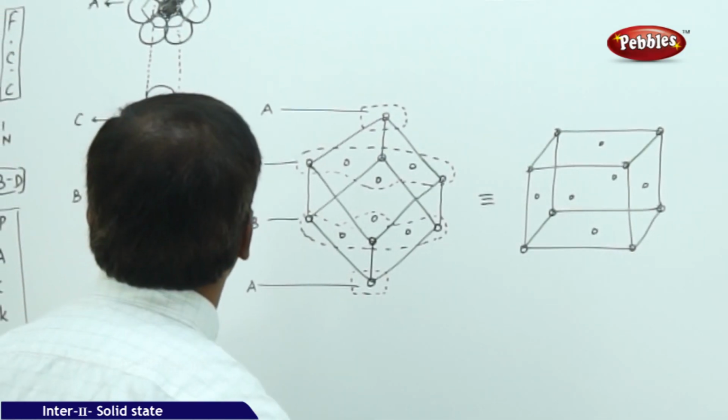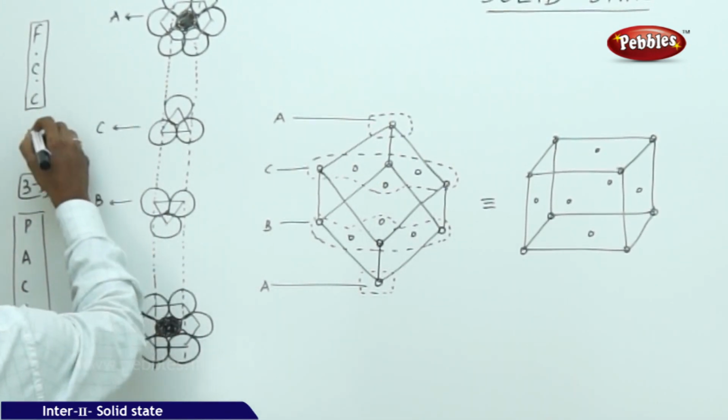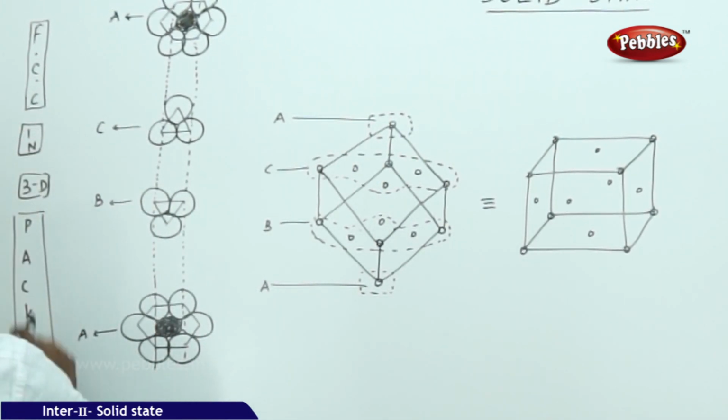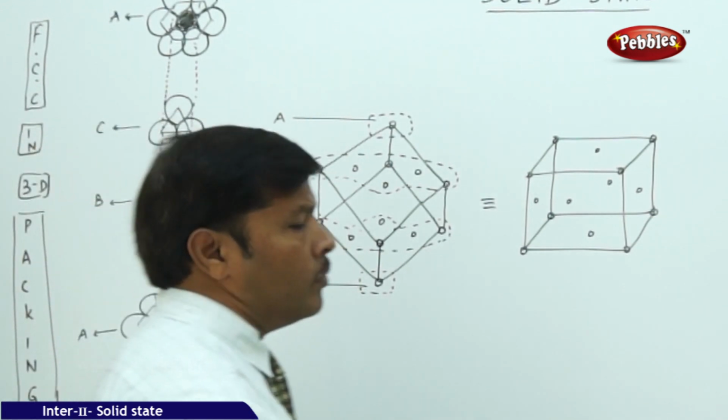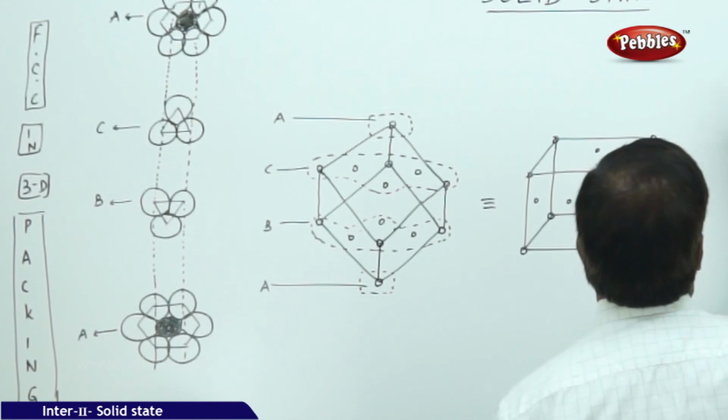So here, if you look at this diagram, this illustration, this is face centered cube in 3D packing. If we take some important conclusions, what conclusions can we make here?